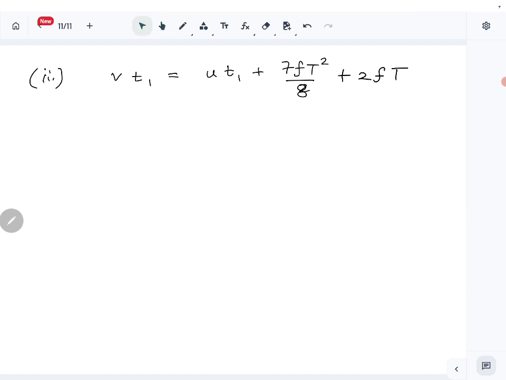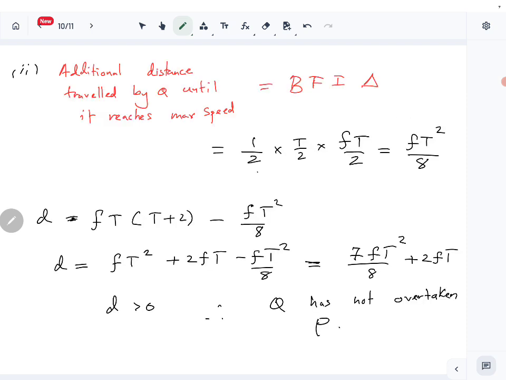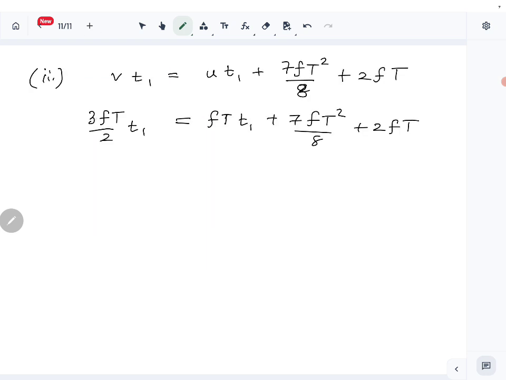So V is what? 3ft over 2 t1. This is ft over 2 t1. Plus 7ft squared over 8 plus 2ft. So now simplify and find t1.